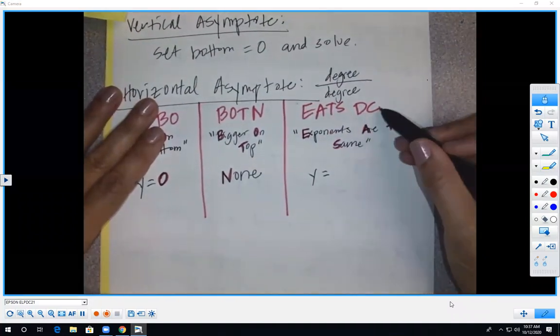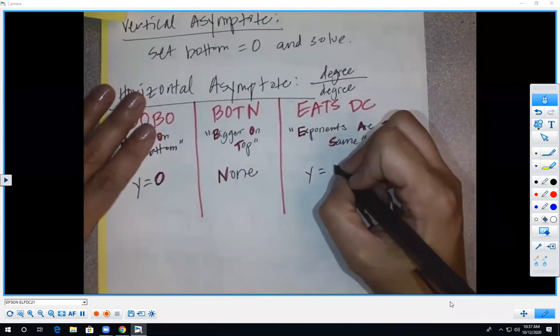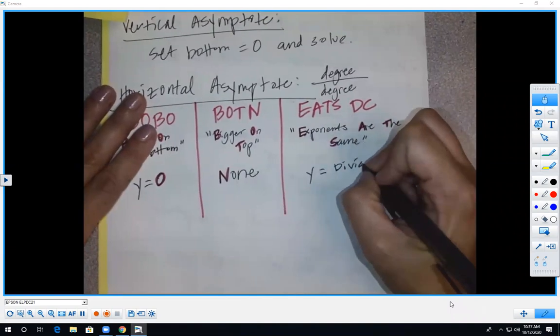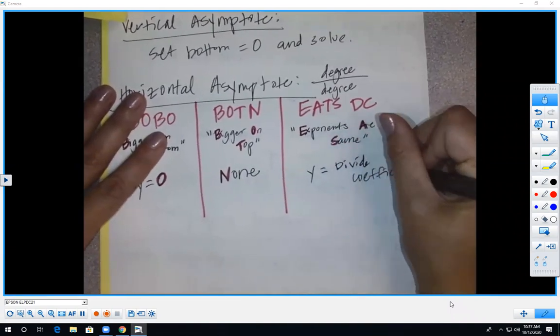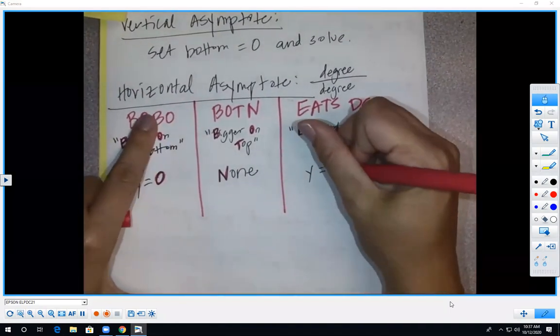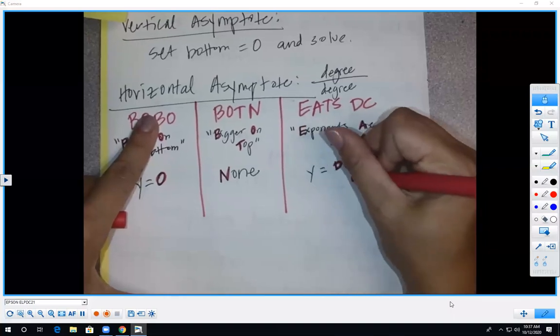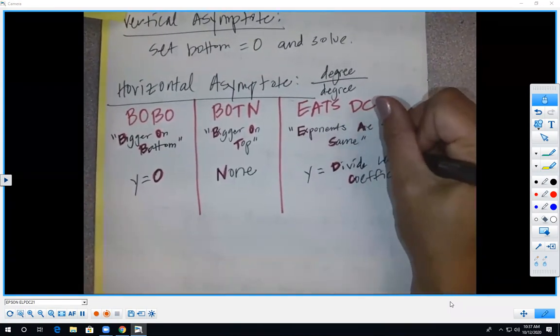So divide coefficients is what the DC stands for. So exponent is y equals, I'm just going to write divide coefficients, and then I'm going to explain it some more underneath it. Divide coefficients. So that's the D and the C. I guess it's actually leading coefficients.